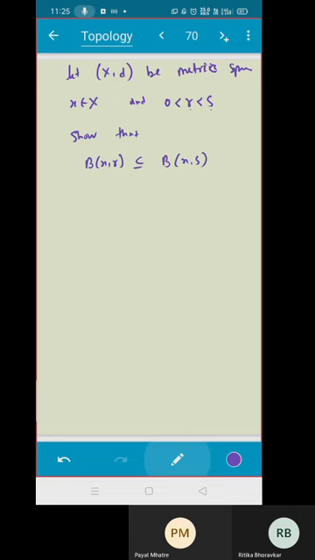Correct. So you should start by taking an element in B(x,r), and you should prove that the element belongs to B(x,s). So can you quickly write the definition of B(x,r) and B(x,s) and try to prove? Write the definition and take any element here. Prove that that element belongs to B(x,s).